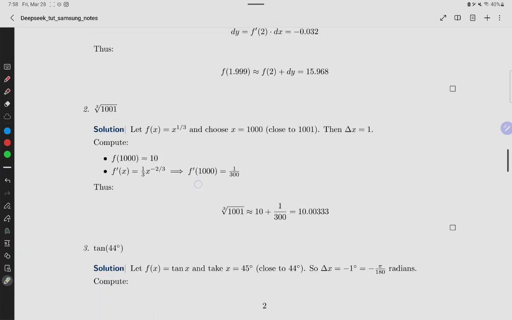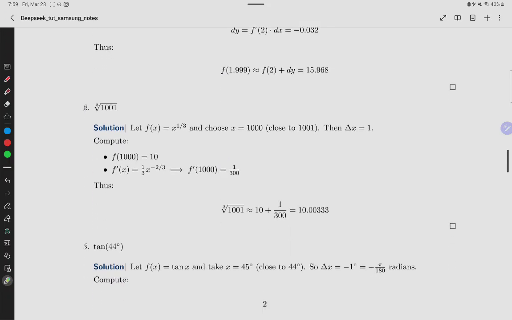Now we have another question: we need to estimate the cube root of 1001. This is 1001 raised to the power 1 over 3. So we assume my function is x raised to the power 1 over 3, and choose x equal to 1000, because 1001 is very close to 1000.